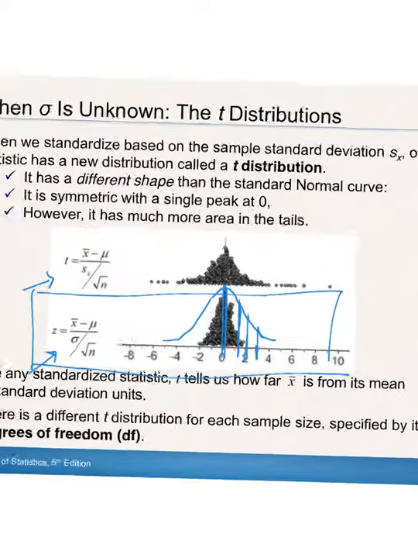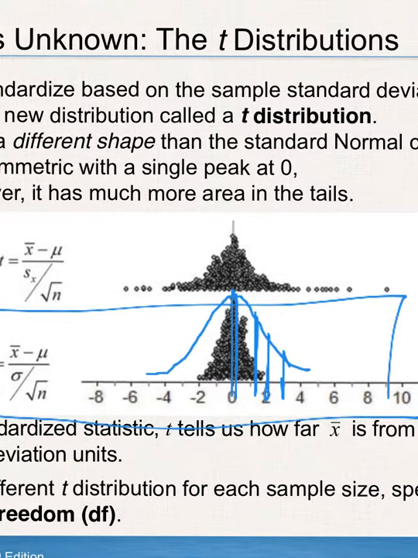It is much like normal. It's symmetrical, it's got its center at 0, but it has much more area under its tails. And the shape very much depends on the sample size.